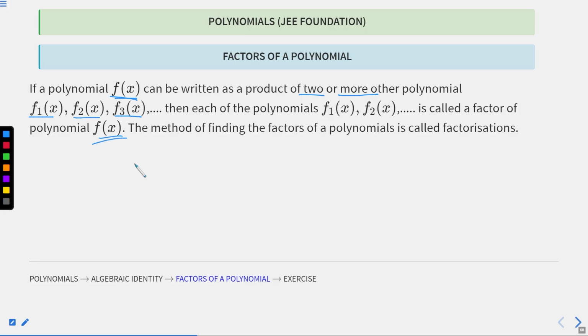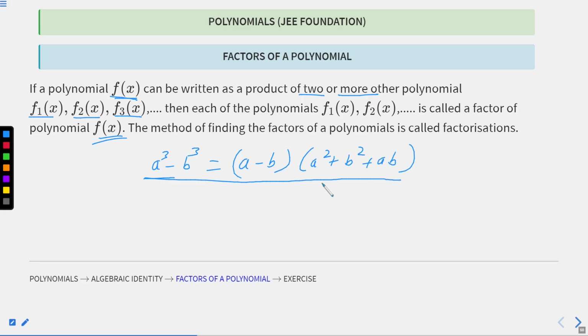For example, if you recall that a cube minus b cube is equal to (a minus b) times (a square plus b square plus ab). This was the identity we learned.